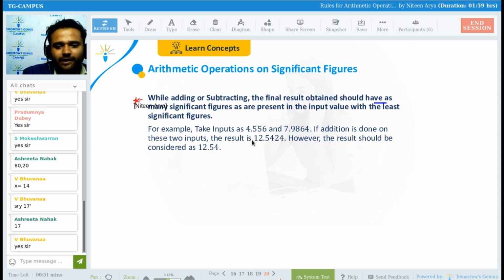While adding or subtracting, the result obtained should have as many significant figures as present in the input value with the least significant figures. Again the same thing.